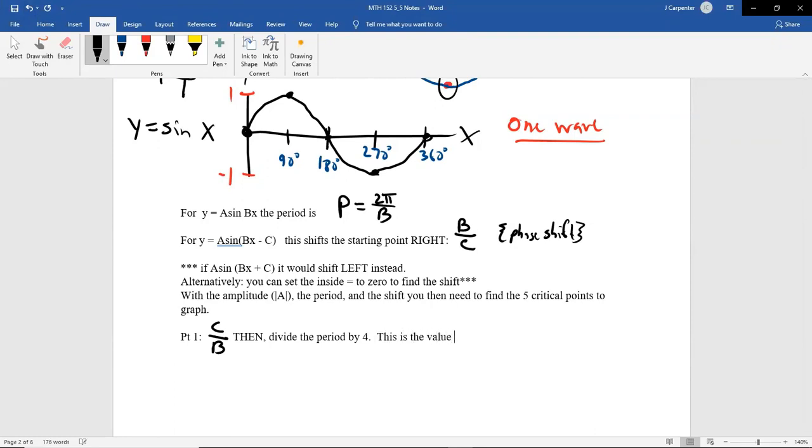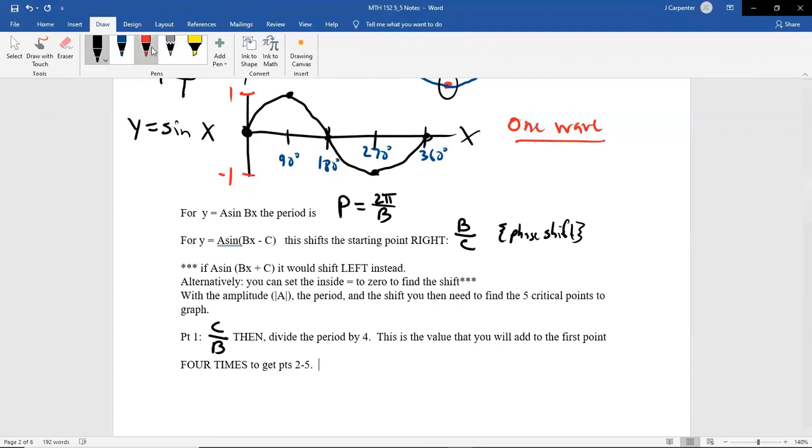This is the value that you will add to the first point 4 times to get points 2 through 5. So your first point will be C over B. It's not always starting at the origin. Maybe it starts at 90 degrees. Your second point, what you do is you take your period and you divide it by 4.